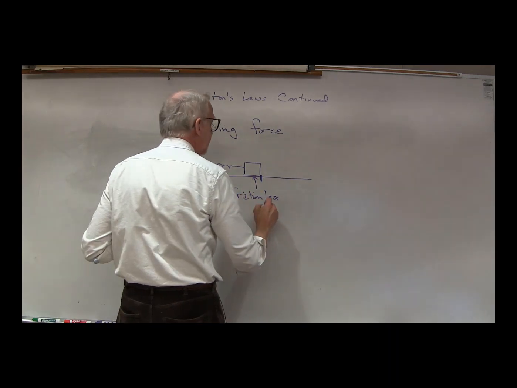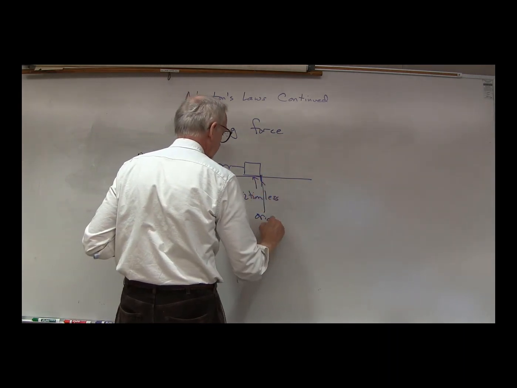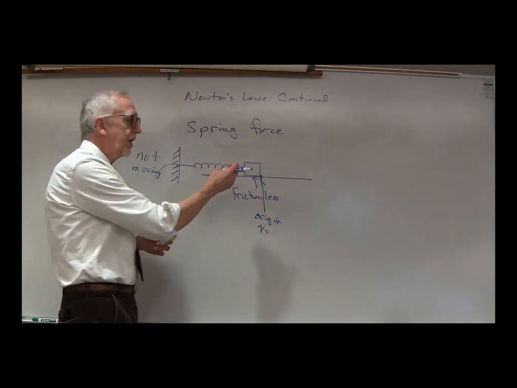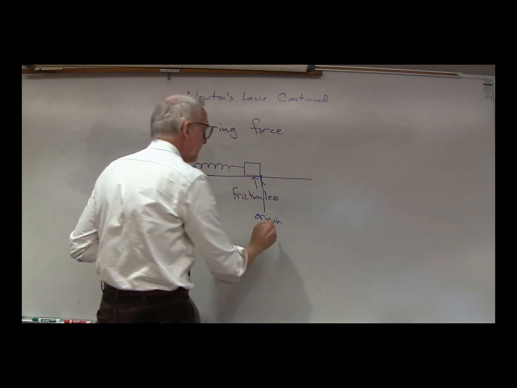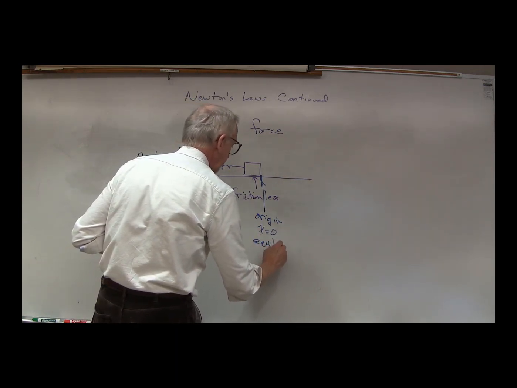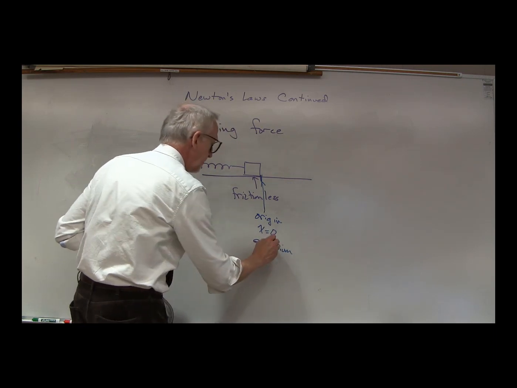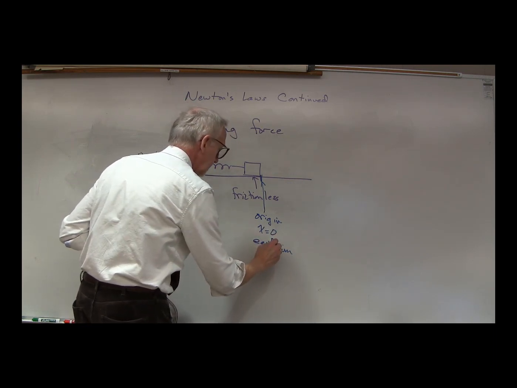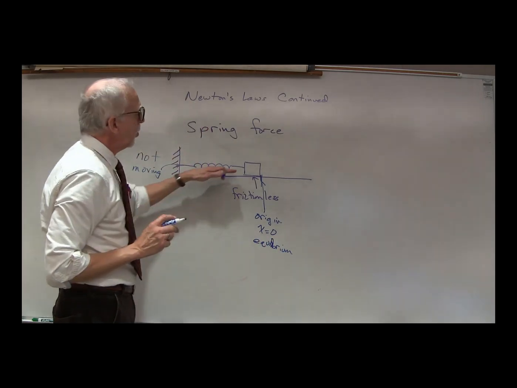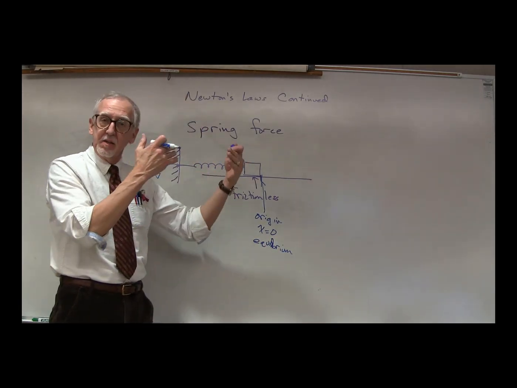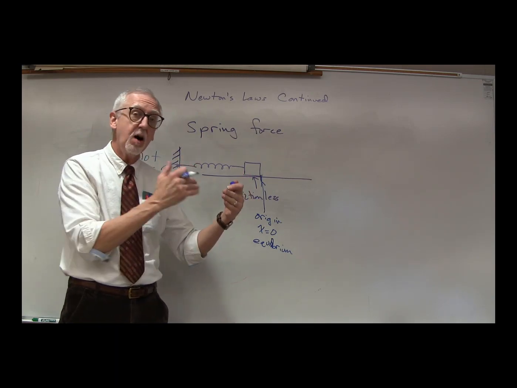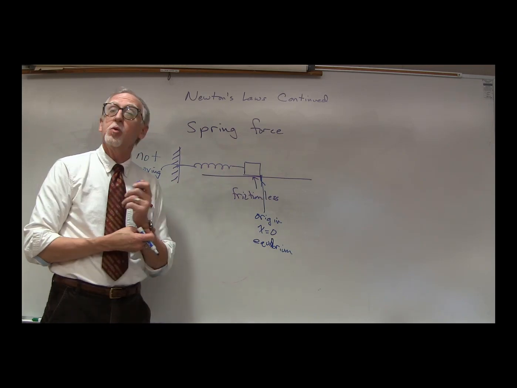We'll mark this as our origin, so that x, which we'll use for the position of our mass, is equal to 0 at equilibrium. Whoops, I spelled that pretty badly. Equilibrium. There we go. So when the mass is at a point where the spring exerts no force on the mass, we'll call that the equilibrium position.